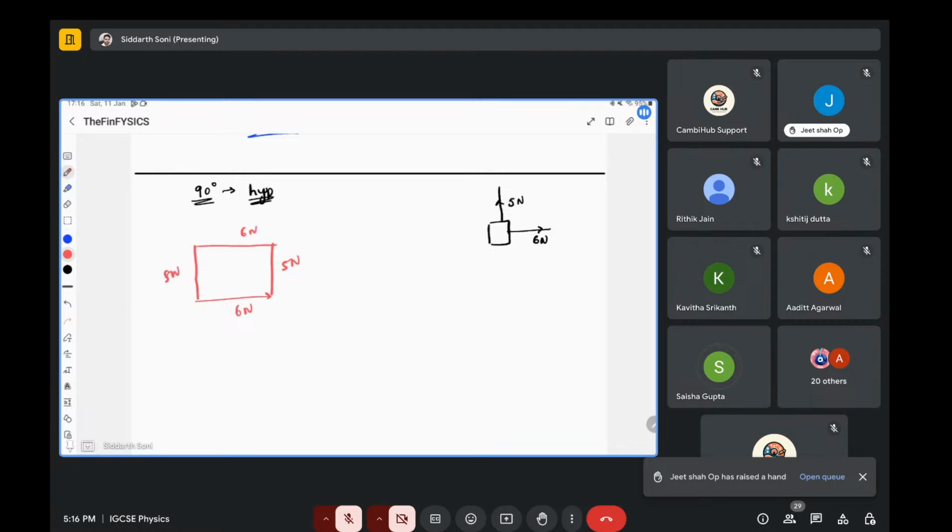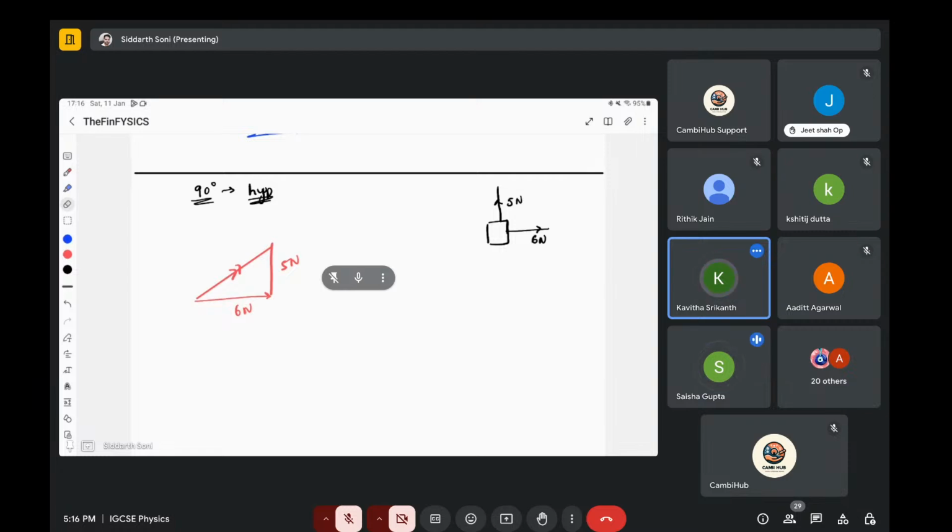This automatically becomes 6, and the resultant is your diagonal. If you erase this, there you go. That's your triangle law. So you don't need to construct the entire parallelogram. I believe that's a waste of time. Rather, just finish it off by making two sides of the triangle. The third side automatically becomes your resultant.